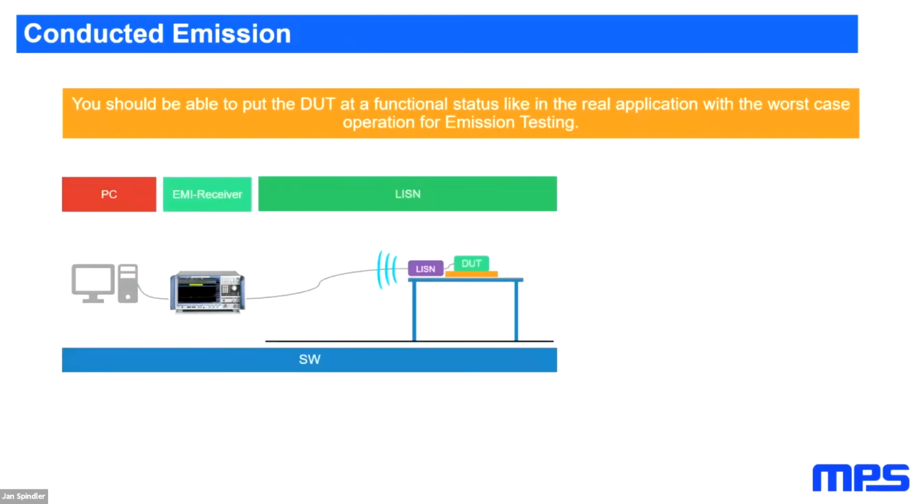When I look at the conducted emission, the setup we see in the presentation is quite simple. You have your product, you have a LISN, you have cable, you have a receiver, oscilloscope, spectrum analyzer, whatever you have, that doesn't matter in this case. But it gives you a good overview, maybe up to 110 megahertz.